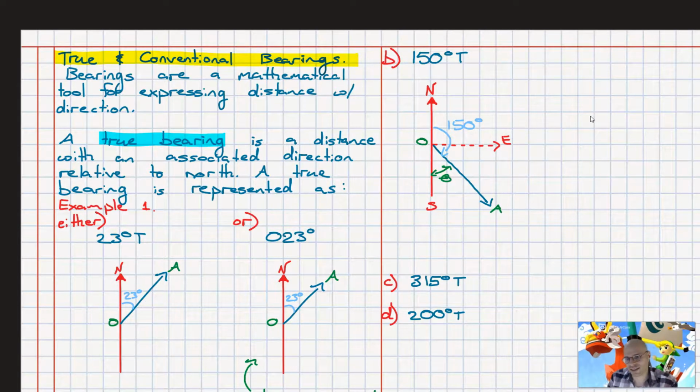To calculate theta, from north to south, that measures 180 degrees, and we've moved 150 degrees from north. So theta in this case is going to be 180 degrees take 150 degrees. So in this instance, we're going to get a direction of 30 degrees.